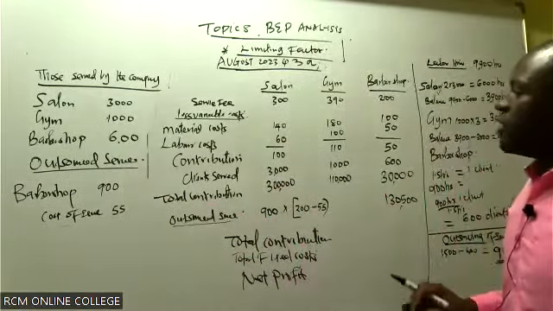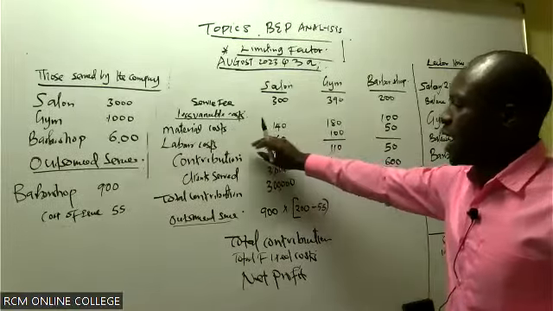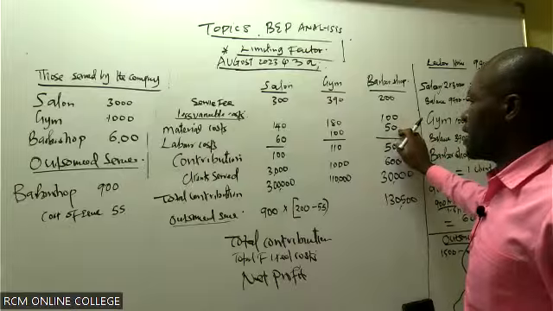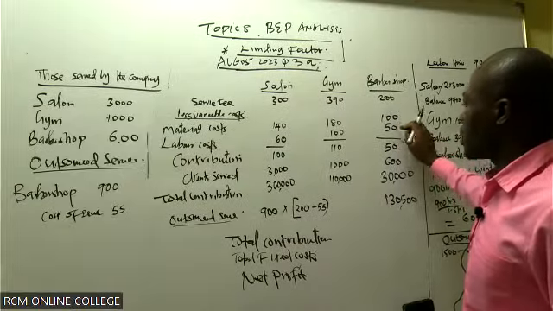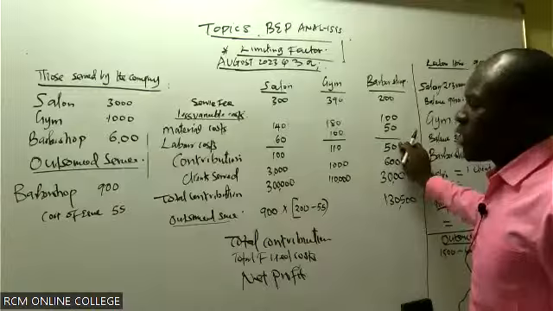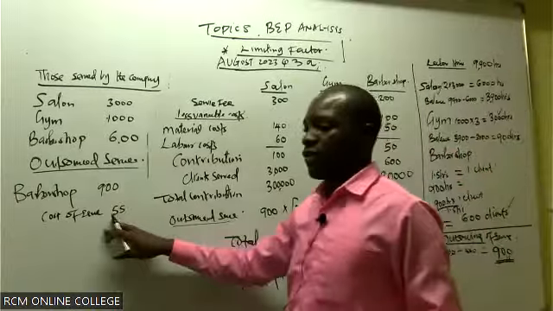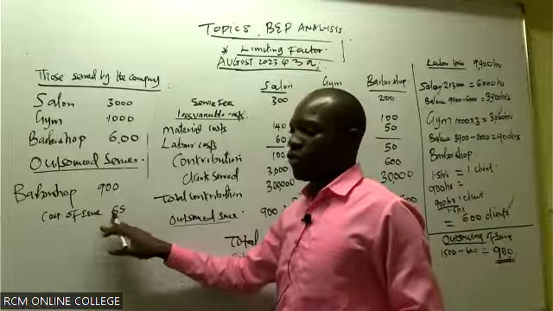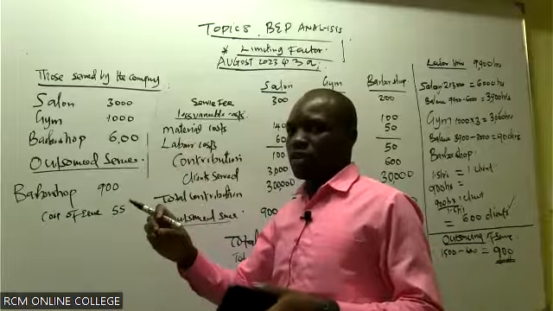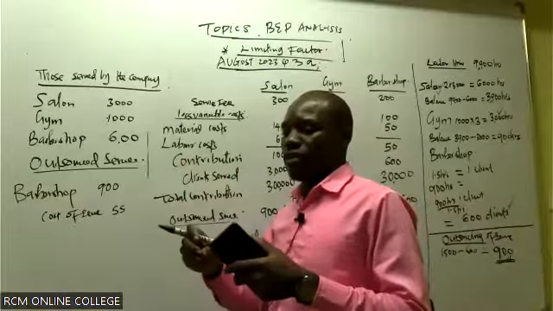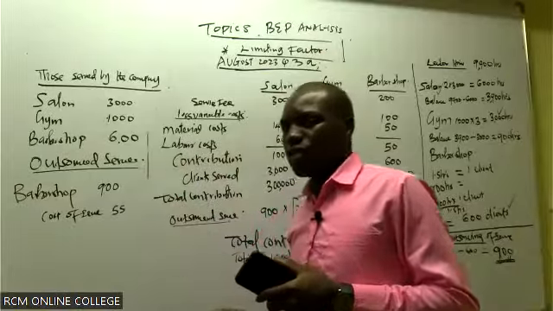Now, if they are going to offer that service in-house, they were having cost of 150, that is variable. So 200 minus 150, we are giving 50. When this person went to the store, he was told to pay 55. He paid that 55. So that is the cost, the amount paid to purchase the service.